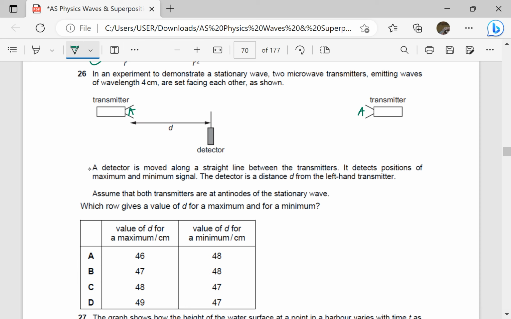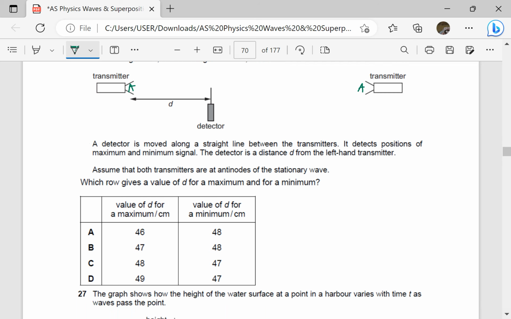If there is an antinode here, then the next antinode should be at a greater distance than the node.